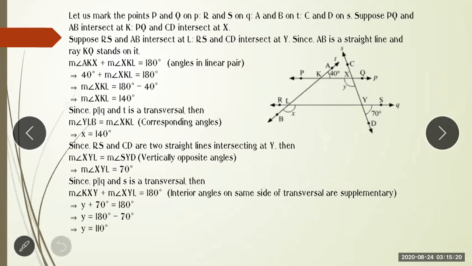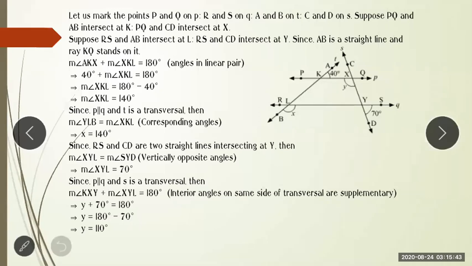PQ and AB intersect at K, PQ and CD intersect at X, RS and AB intersect at L, RS and CD intersect at Y. Since AB is a straight line and ray KQ stands on it, we have also learned this.